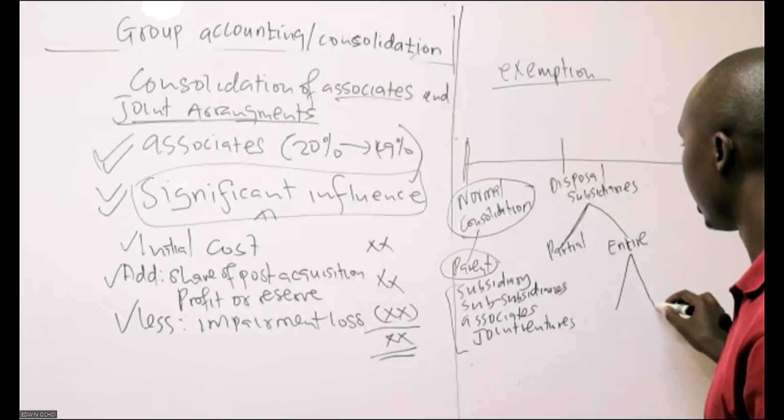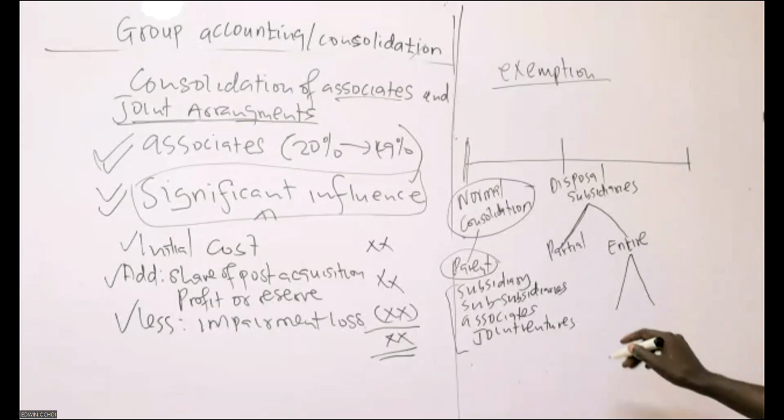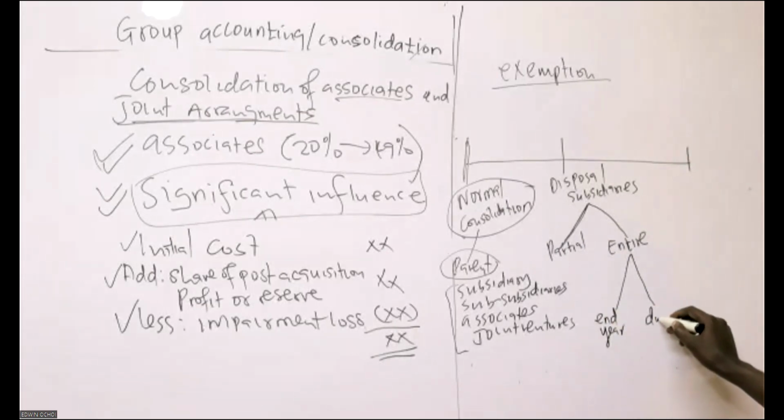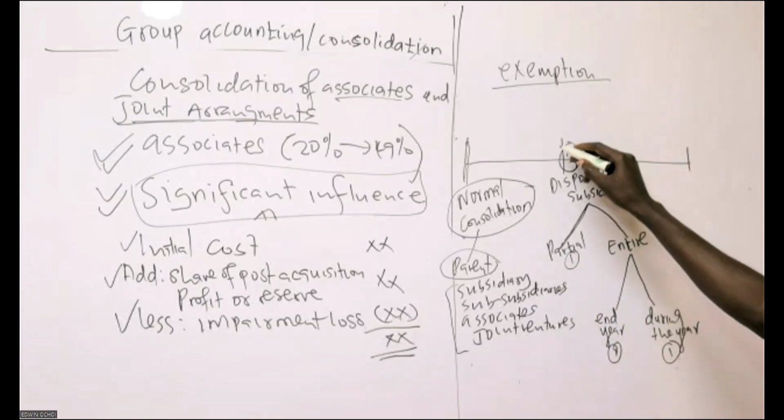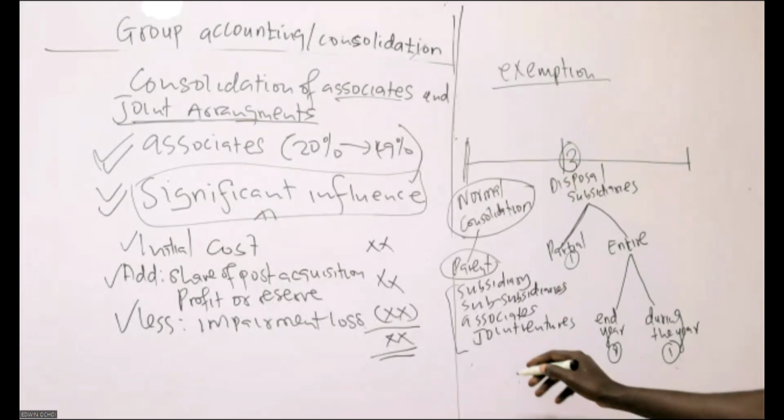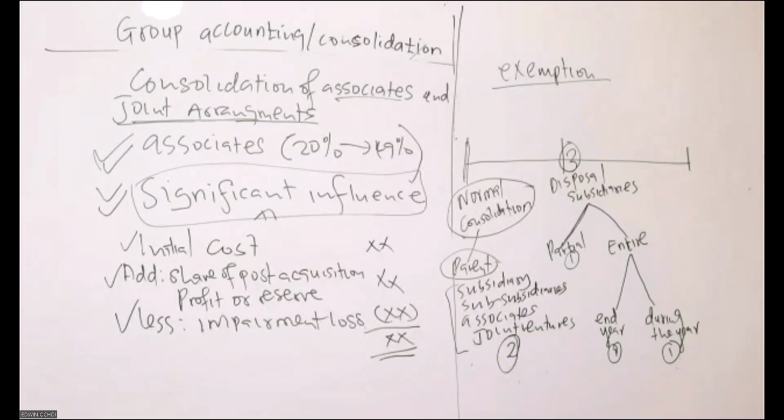Entire disposal can be at the end of the year or during the year. So we need 1, 1, 1. So here we need 3 questions, so 2 plus 3, 5.